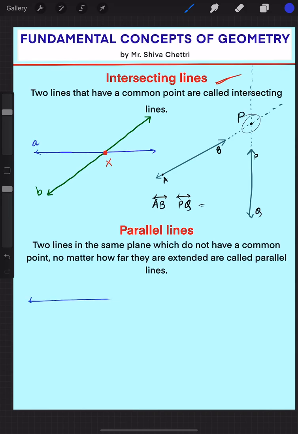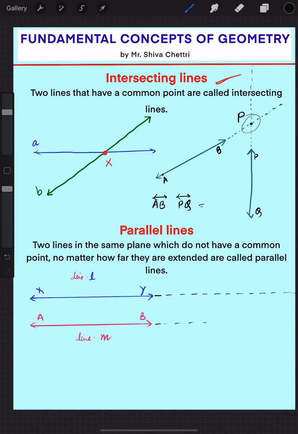Suppose I have one line, let me write, line PQ, or XY, or you can just simply give the name as L, line L. And we have another line, AB, or line M. Even if you extend this one, say the extending part with black dots, even if you keep on extending towards infinity, it will never meet.